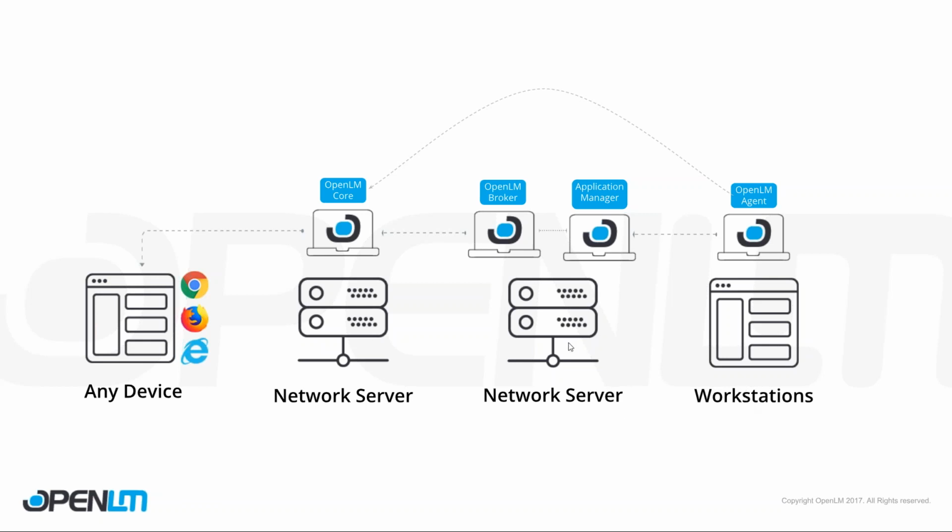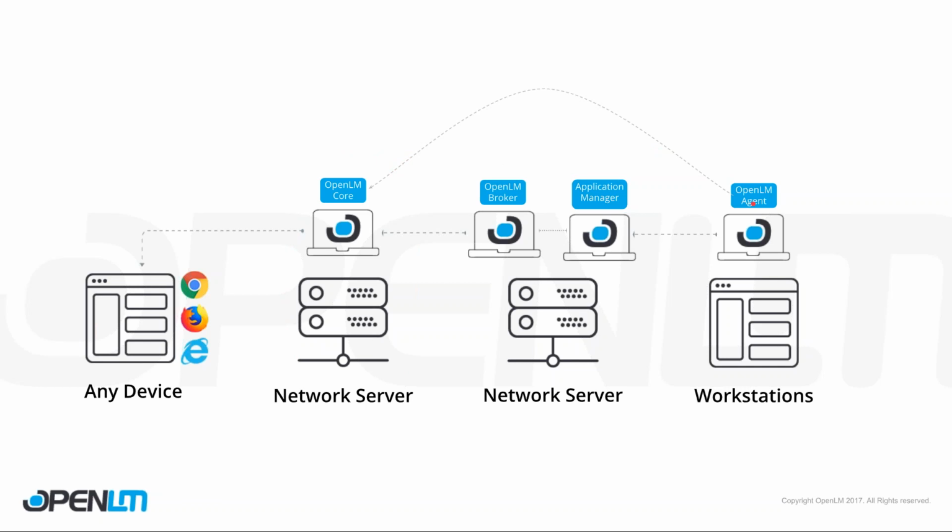Well, first of all, you probably know the network server, which on the network server, you simply need to have an OpenLM broker and OpenLM app manager. On the workstations, you'll need to have an OpenLM agent, and it talks to the OpenLM core.